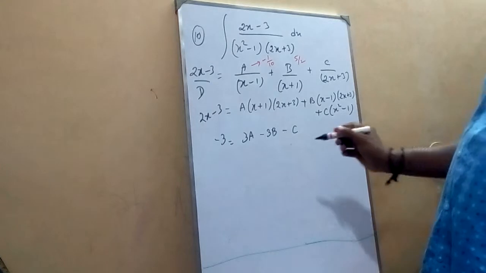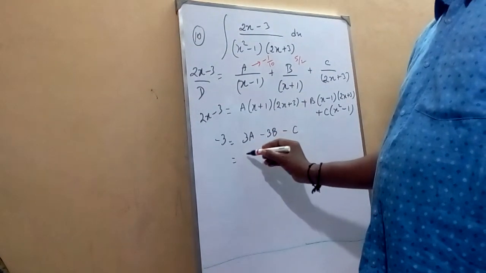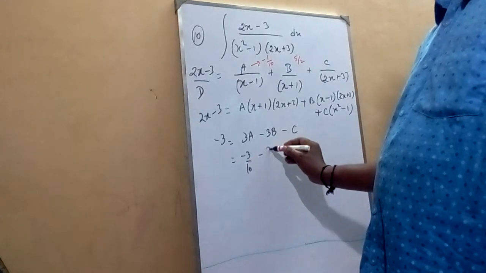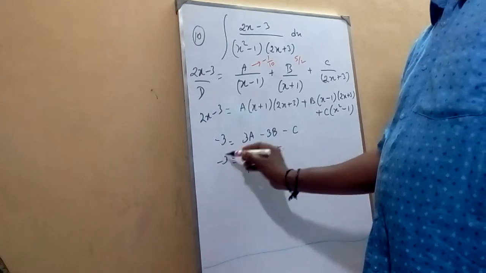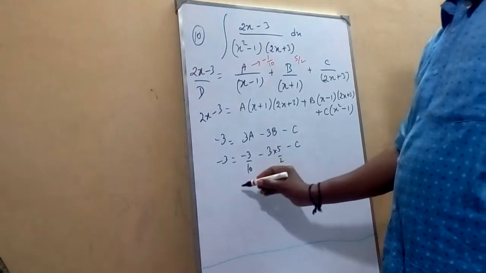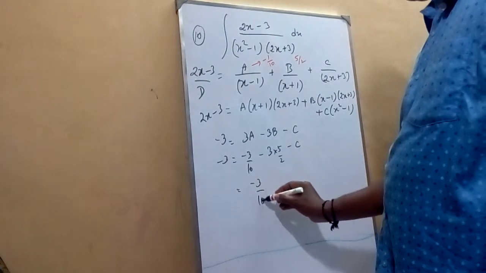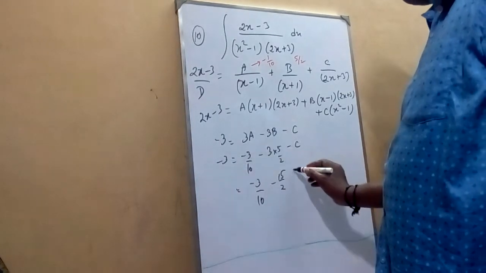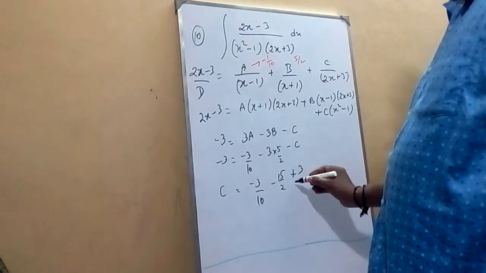So you know A is minus 1 by 10, B is 5 by 2, so minus 3 equals 3A minus 3B minus C. So this becomes minus 3 by 10 minus 15 by 2, and when the 3 comes here it is plus 3, and this becomes plus C. So LCM is 10.